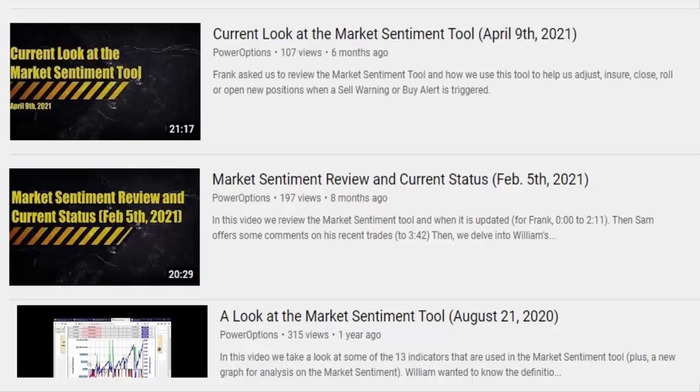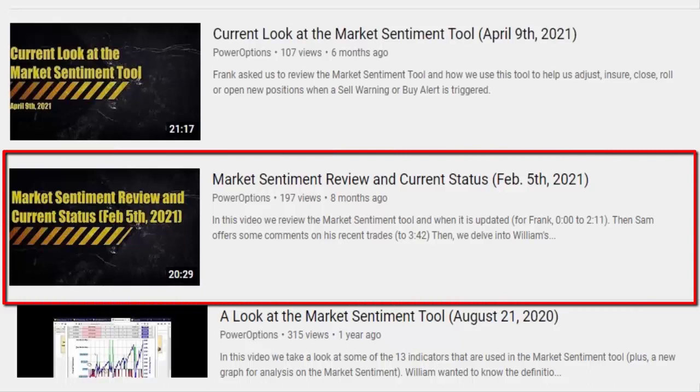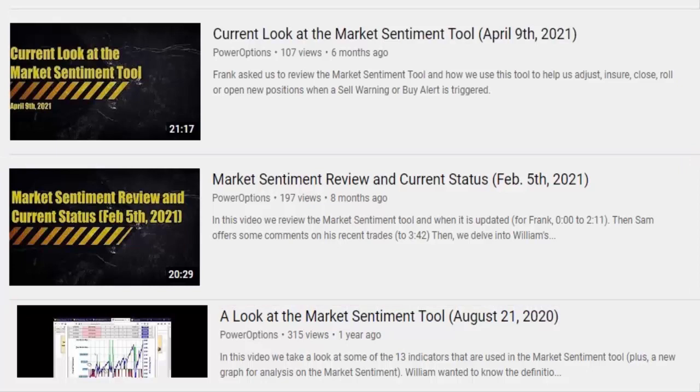This one is the one I liked: 20 minutes long, market sentiment review and current status, February 5th, 2021. There's also a look at the market sentiment tool, August 21st, 2020. That's a pretty good one because it goes into a historical view of what happened on certain dates back in time. One of these has more of a bullet-pointed view that we're going to talk about right now, but there are some other ones, okay?